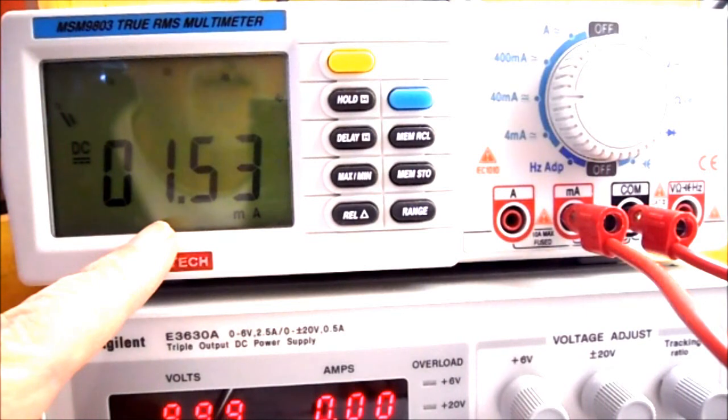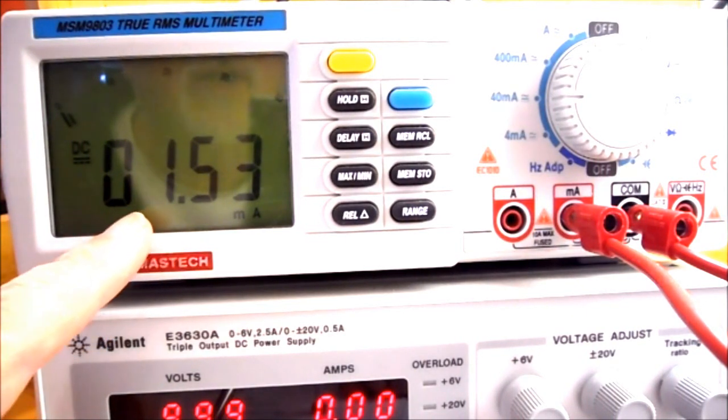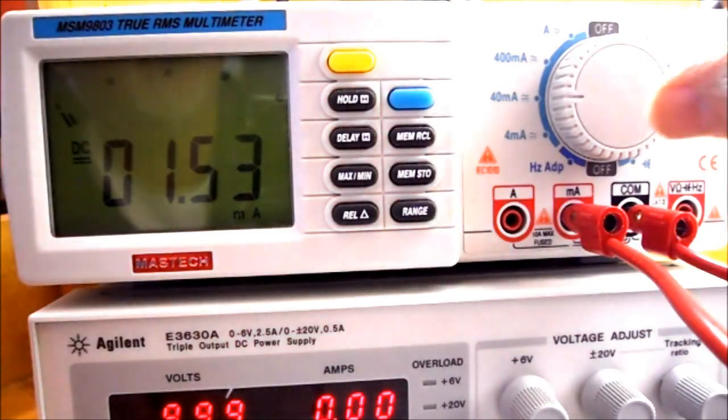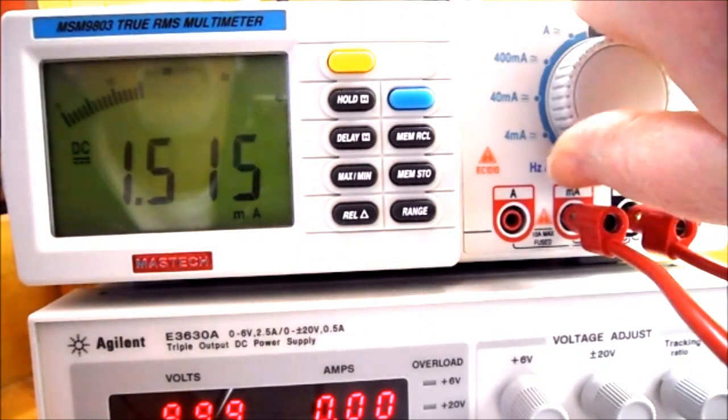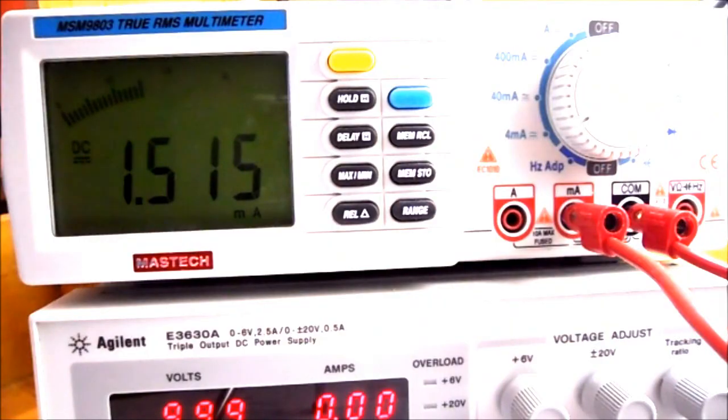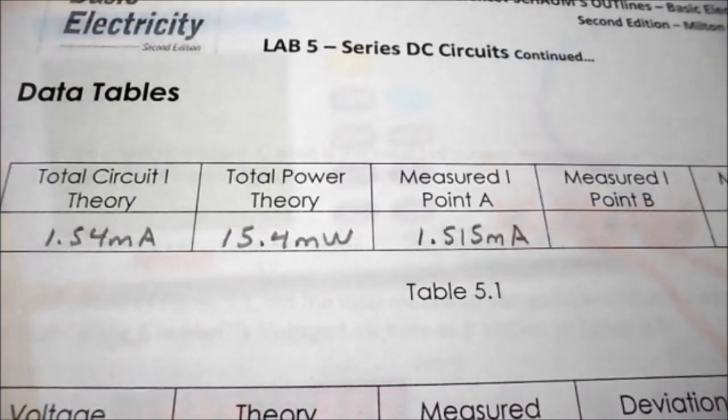This is still a lot lower than the 40 milliamps that we can measure here. So now we're going to go down to the 4 milliamp range. So on the 4 milliamp range, we can see we've got a reading of 1.515 milliamps. So the 4 milliamp range is the most accurate range to use.